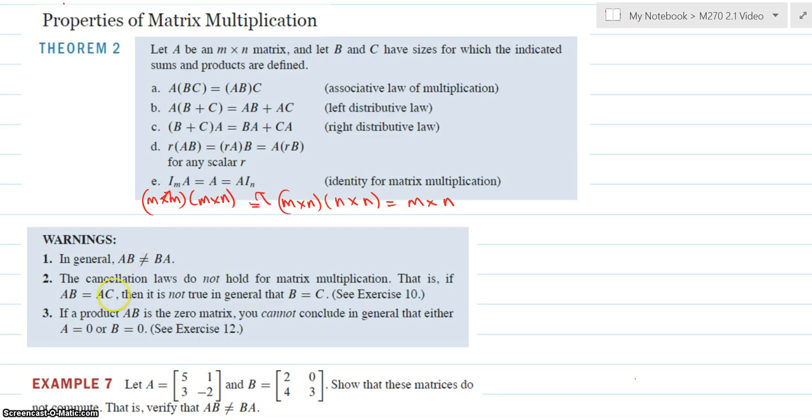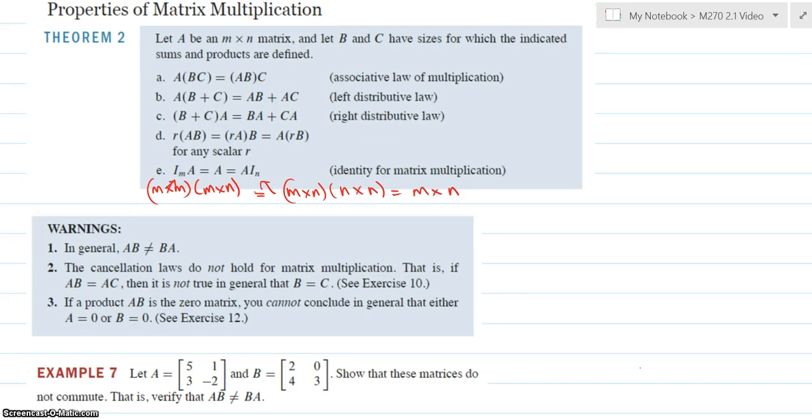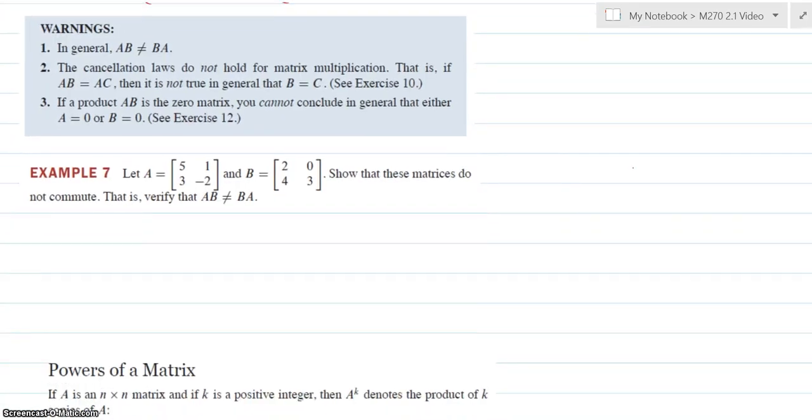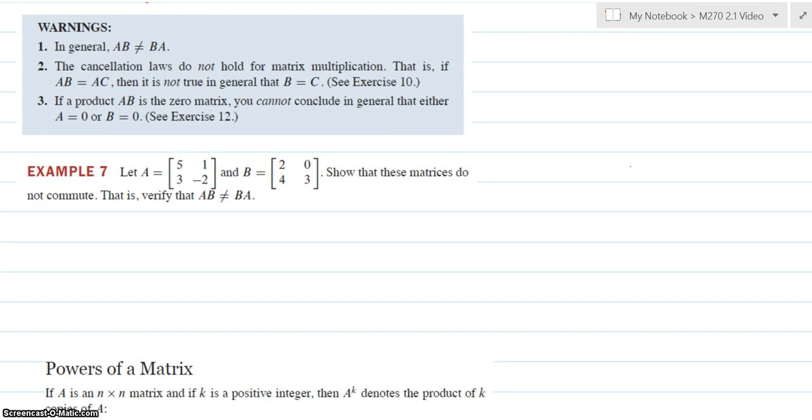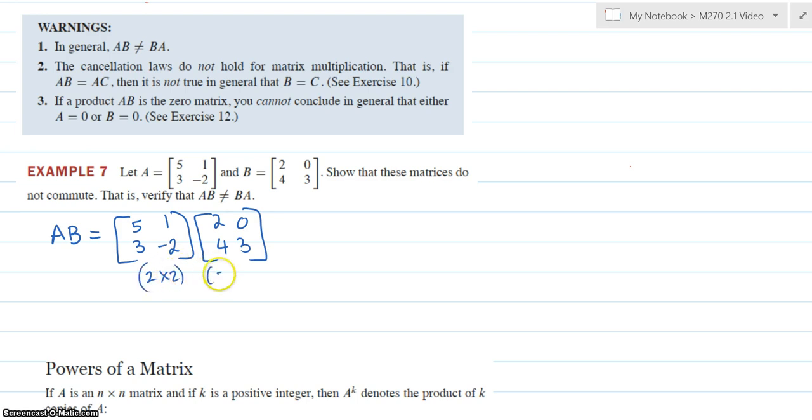Warnings though: matrix multiplication is not commutative. The commutative law doesn't hold. Let's look at Example 7 for that. If we multiply A times B, what do we get? Well, this is a 2 by 2 times a 2 by 2, so we should have a 2 by 2.